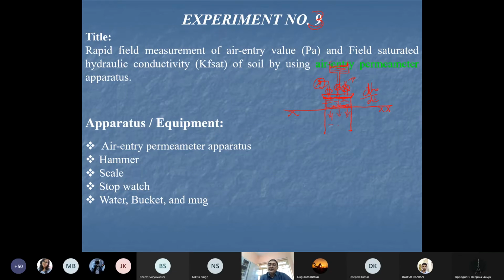We are observing for some time, and when we feel that the soil is quite saturated and our front may have reached the bottom of this cylinder, then we close the supply of water from this reservoir.